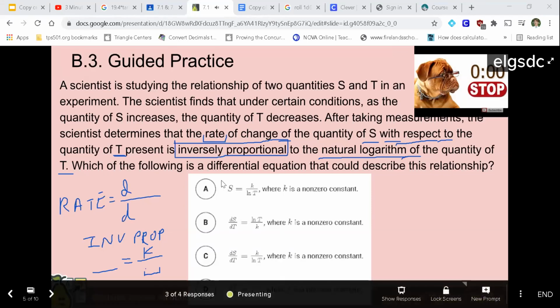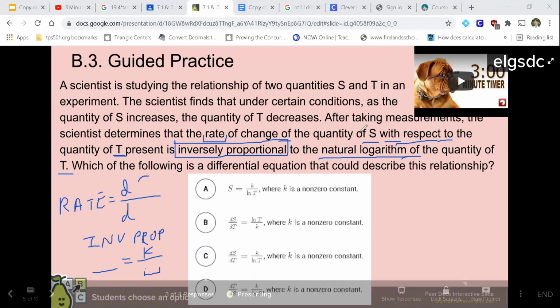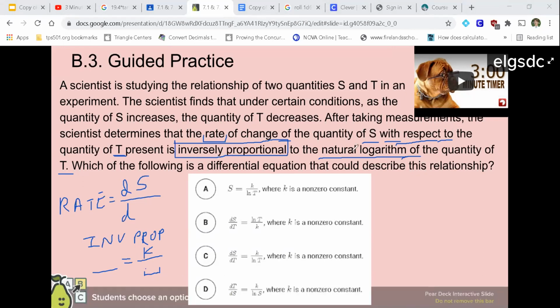The rate, right? The rate of what? dS with respect to dt. So the answer cannot be A or D. Inversely proportional means we will have blank is equal to K over blank.